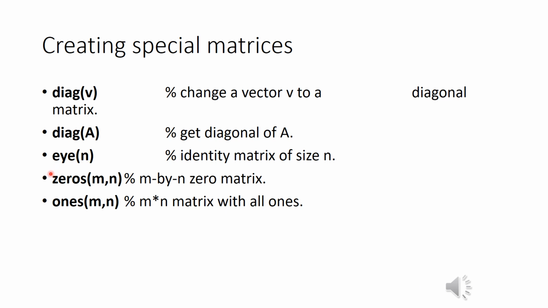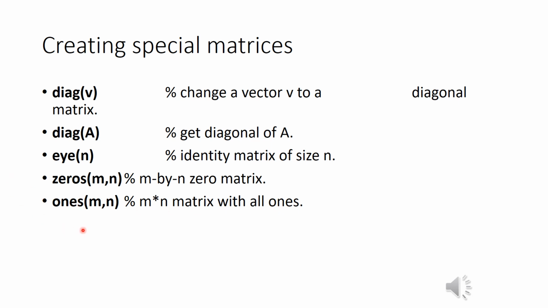You have another one, eye(n), for the identity matrix, which will be of size n. And zeros(m,n) means that it is an m by n matrix, like the size of the matrix is m cross n, and all the values in this matrix are 0.